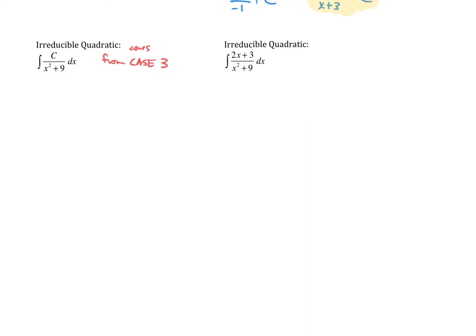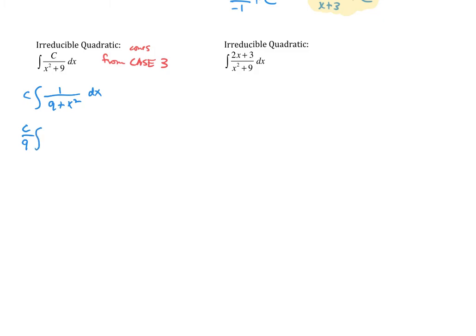So the first thing I'll do is factor out the c. I can also write this as 1 over 9 plus x squared dx, because addition is commutative, you can write it in any order. The next thing I'll do is factor out a 9 from the denominator.